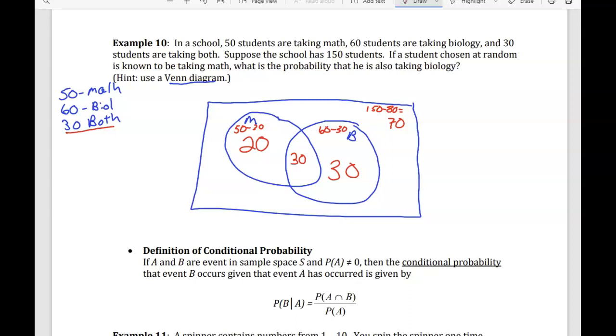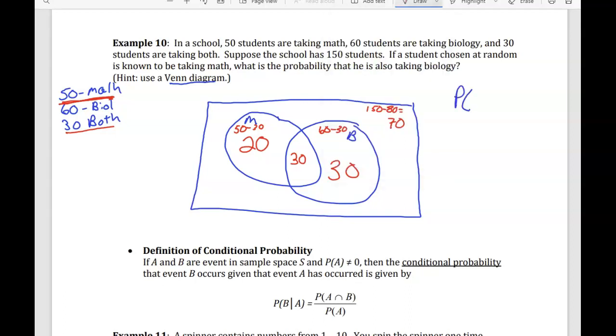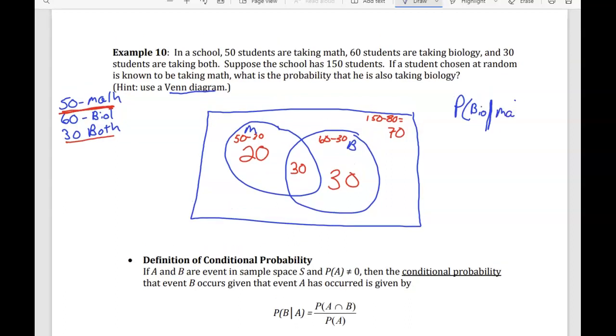If a student chosen at random is known to be taking math, so we know that they're taking math, so we know that it's out of these 50 students, we're looking at the probability that they're taking biology. So biology, knowing that they are taking math.